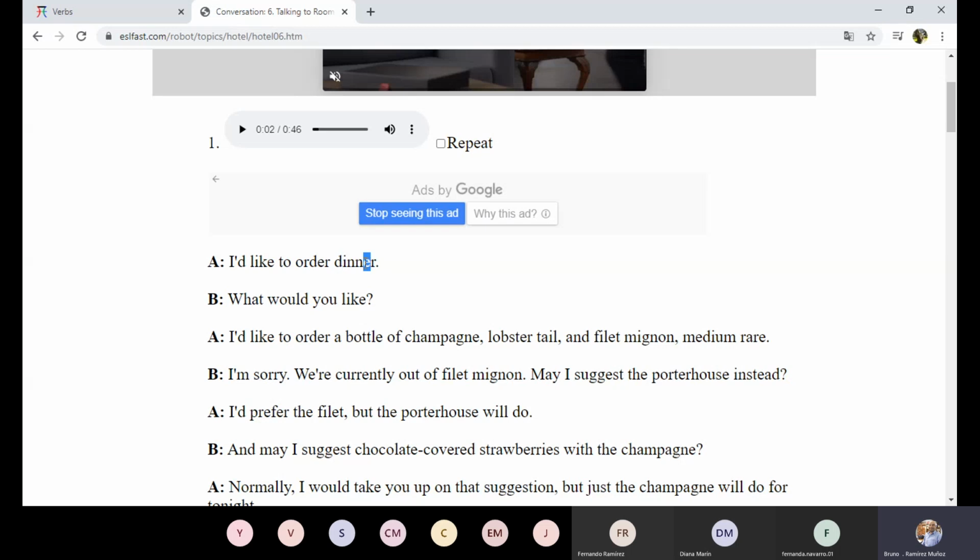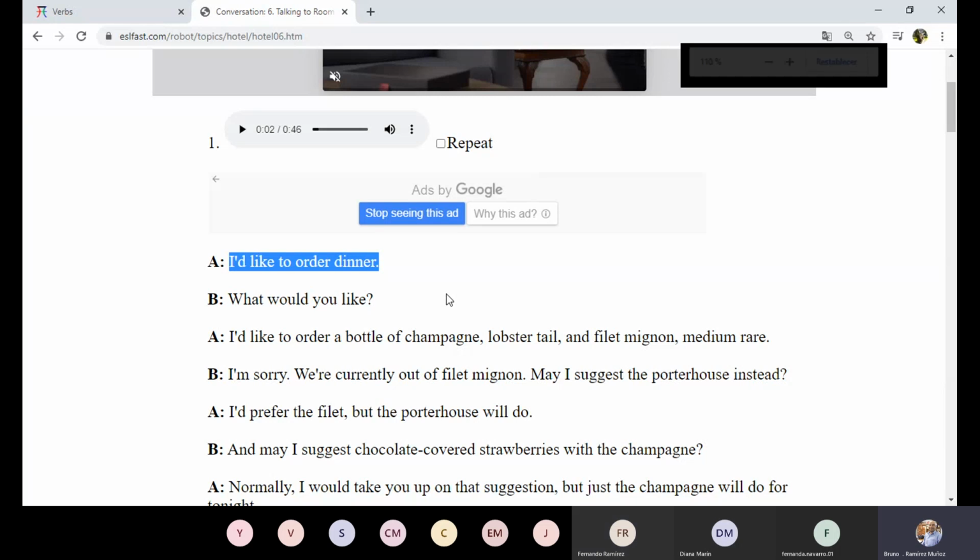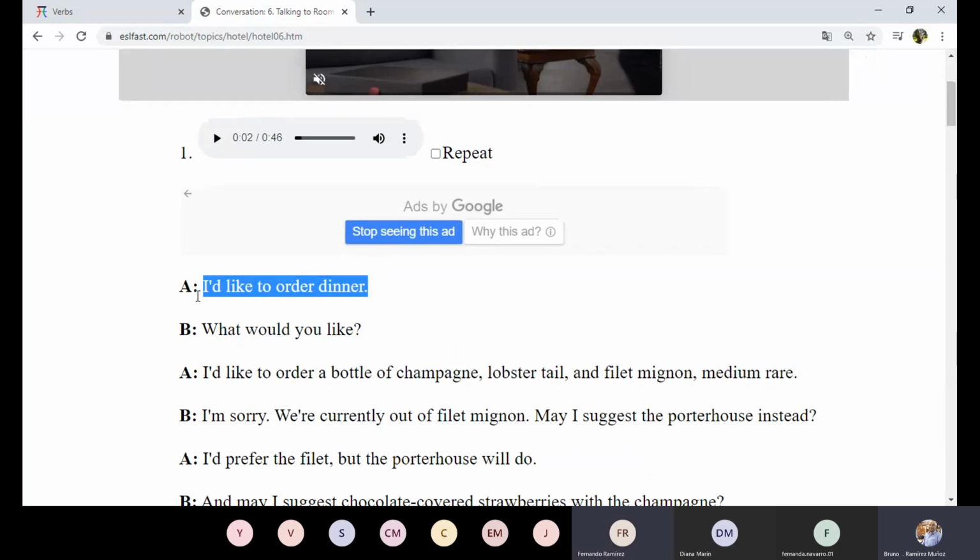I guess 7. You said 6. How many diphthongs are there in this statement? 2. 2 diphthongs, all right. I'd and like. Okay.